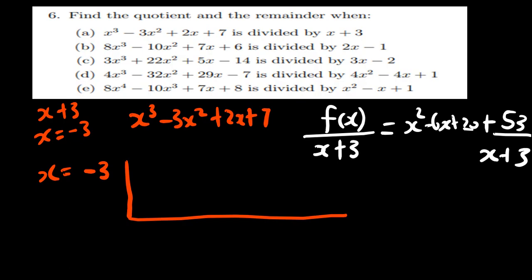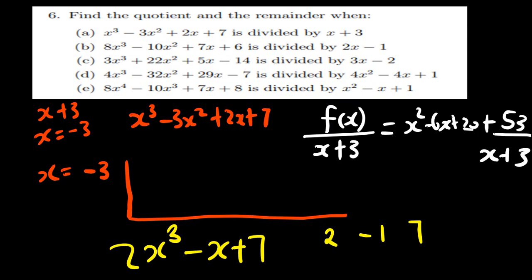Mostly in your quizzes, they will not write it the way they've written it here. They may write 2x to the power 3 minus x plus 7. If you follow this and get the coefficients, you're only going to have 3 coefficients, 2, negative 1, and 7. If you write it like this, it will be wrong.